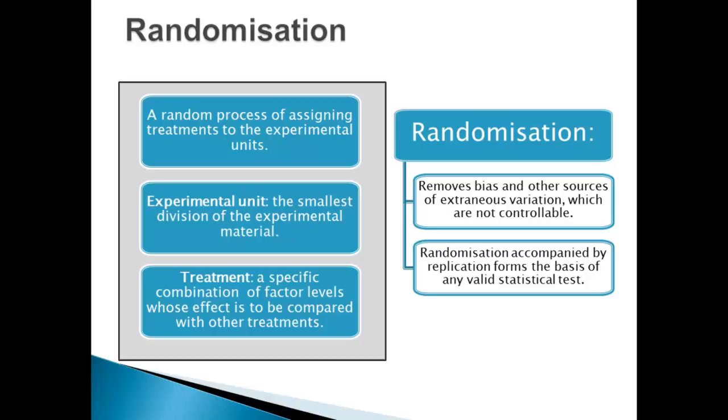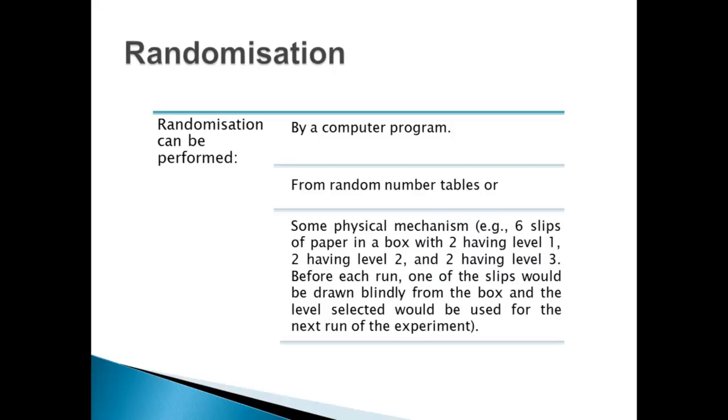Randomization accompanied by replication forms the basis of any valid statistical test, and therefore for any experiment, randomization and replication is very important. There are many ways by which we can randomize the experiment. We could use a computer program, we could use a random number table, which we could use Excel to generate, or we could use some form of physical mechanism.